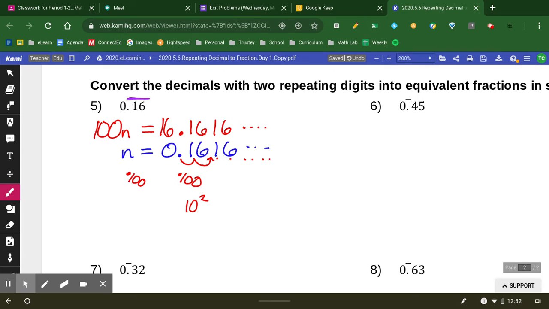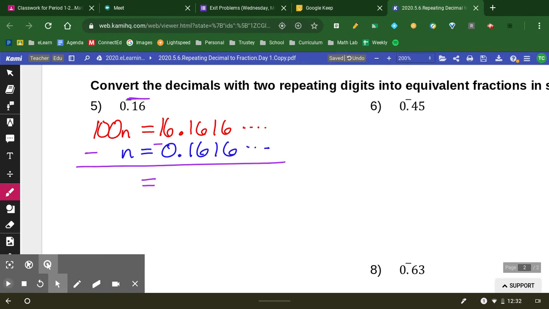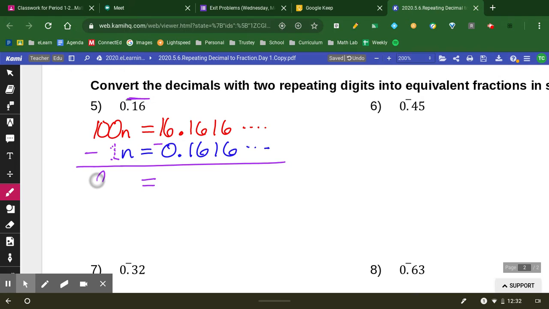Now imagine what's going to happen when we subtract. We know with equations, as long as we're fair to both sides, we will still keep a fair, balanced equation. Interestingly, on the left side, we're now subtracting 1 n from 100 n's. That makes 99 n's.